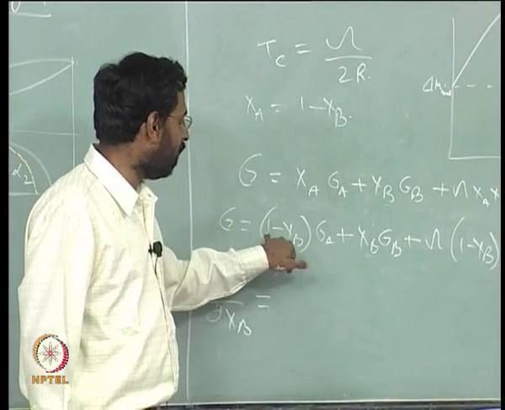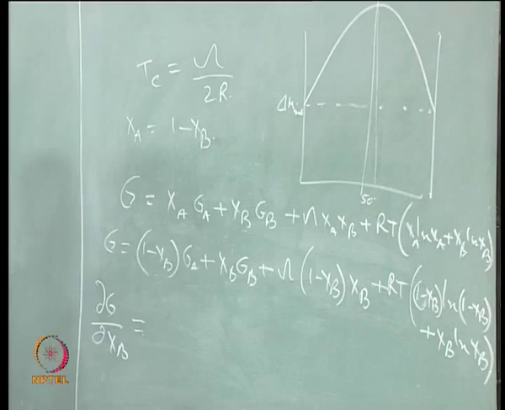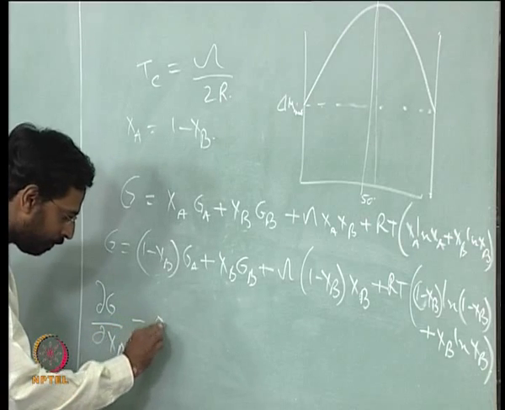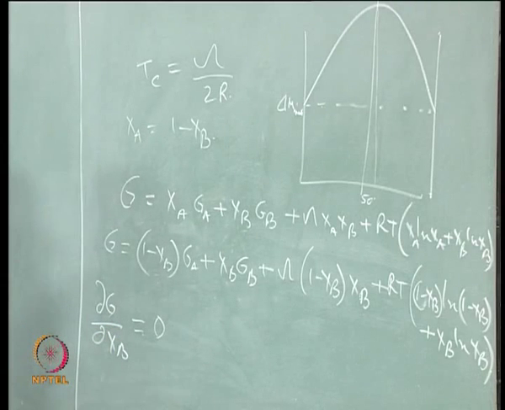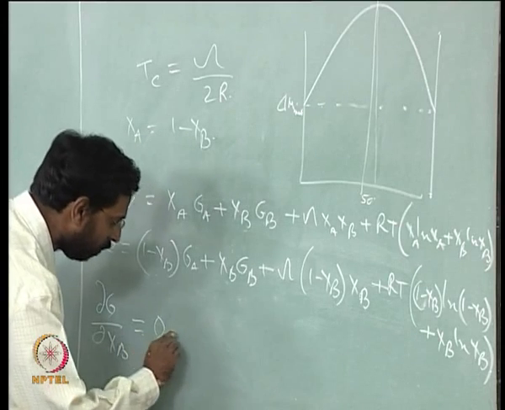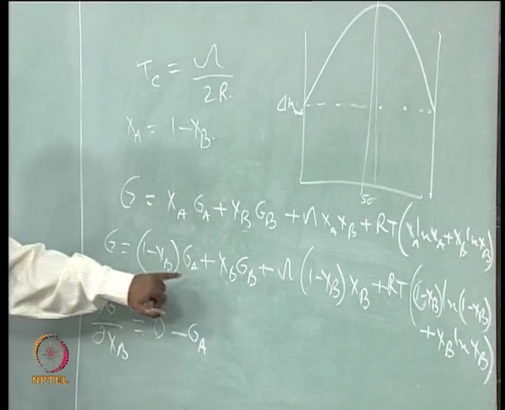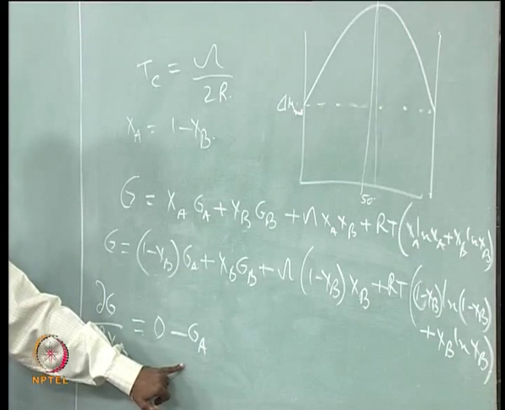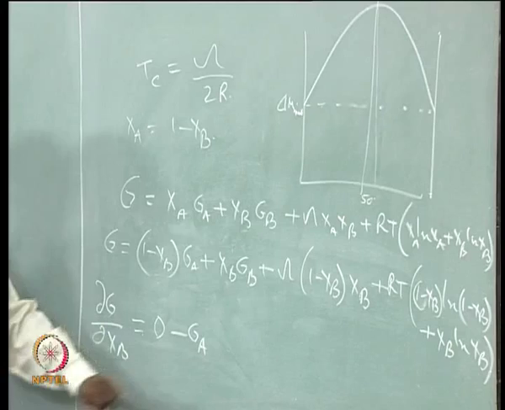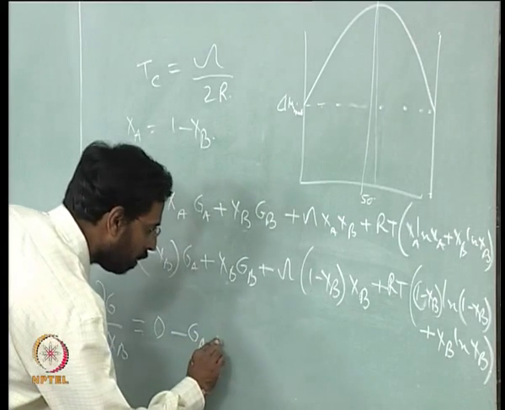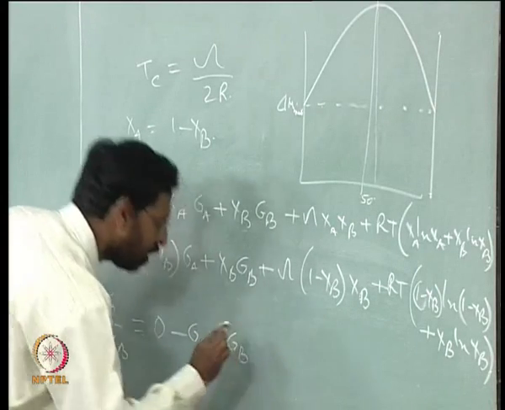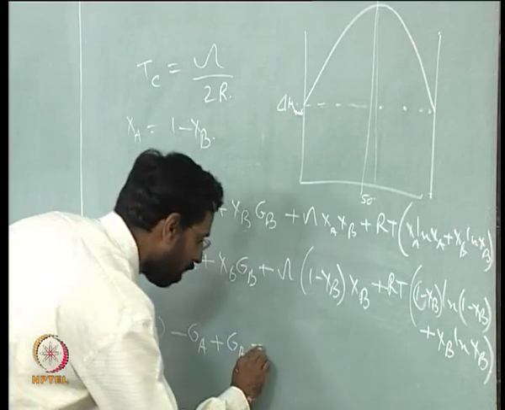And if you do this, this is ga minus xb ga. So ga is a constant, and the derivative of a constant is 0, that much I hope you still remember. So this is minus ga, this is minus xb into ga, so it will be minus ga derivative, and then this will be plus gb, plus omega.